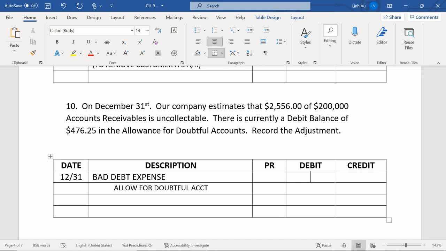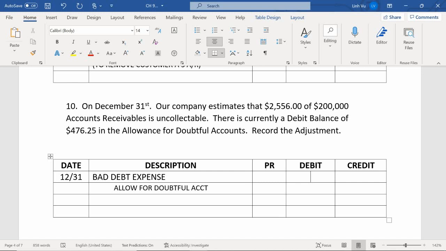I found my estimate of $2,556. I know that there's accounts receivable, but what does it mean? Do we care about what the amount is in the allowance for doubtful accounts? No, you should care. So wouldn't you add them up?